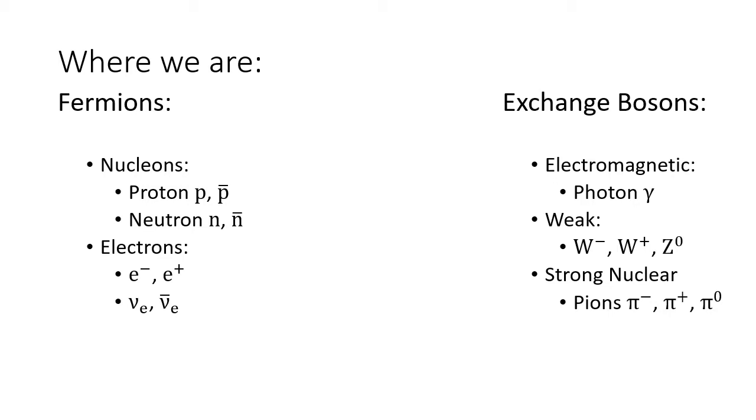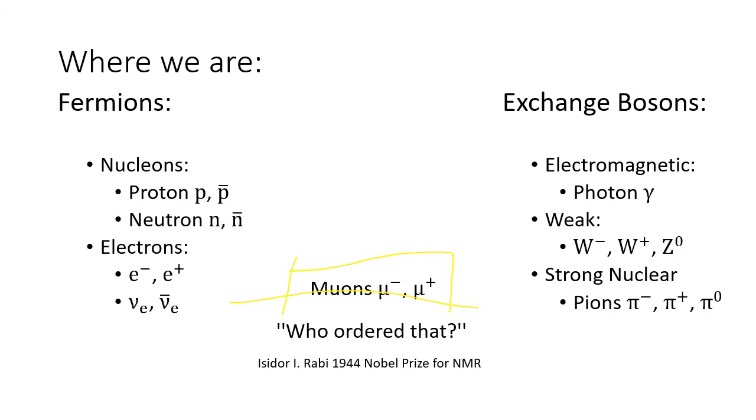So that, of course, raises the question, what the hell are these things? Why have we got them? Who ordered that? I've put that there because that was very famously said about the muons by this chap, Isidore Rabi. And those of you who do chemistry will learn about Rabi because you have to do NMR.